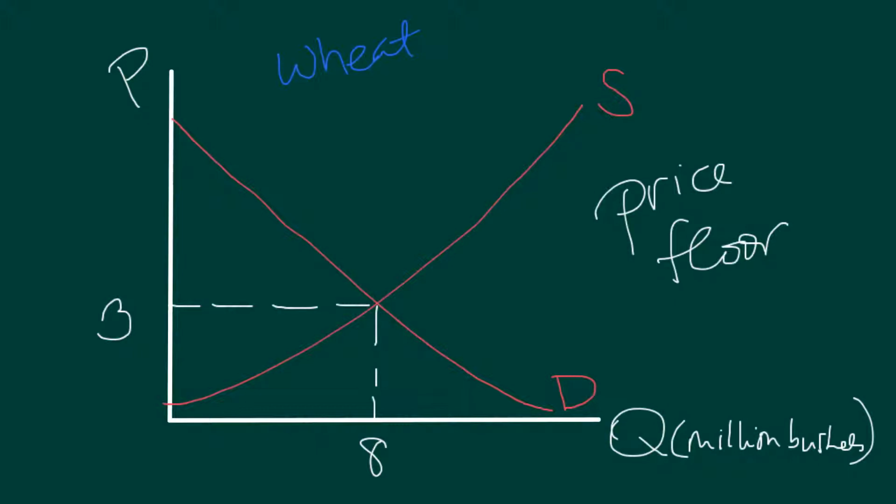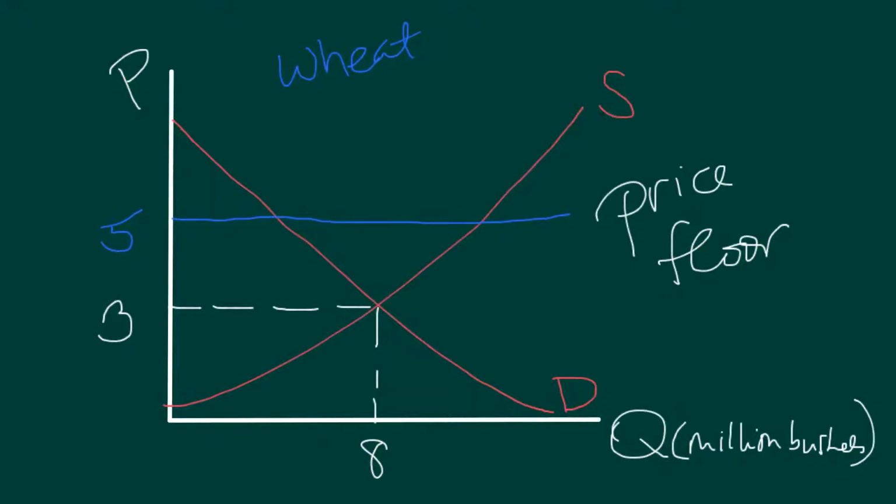So if that was the case, let's go with that: what we're seeing here is the resulting price that the farmer will be able to sell their bushels of wheat at, $3. And at that price, the market would clear with 8 million bushels. But let's say that the government had guaranteed a minimum price for the farmers to sell at, and we'll call that $5.